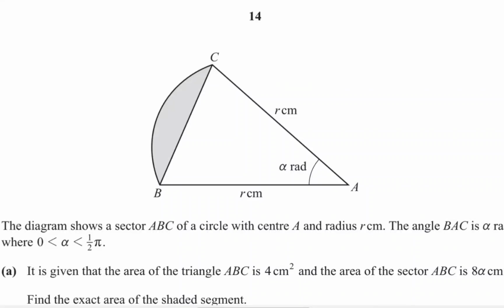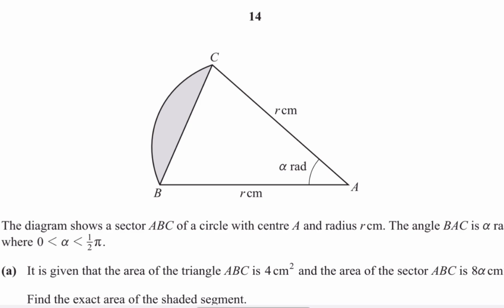And now on to number 9, which says the diagram shows a sector ABC of a circle with center A and radius r centimeters. The angle BAC is alpha radians, where alpha is ranging from 0 being less than alpha, which is less than half pi.